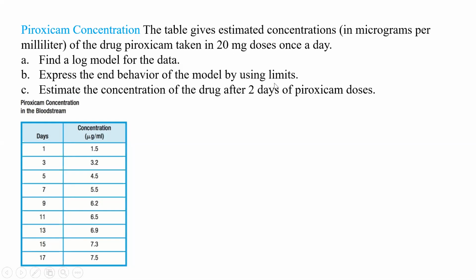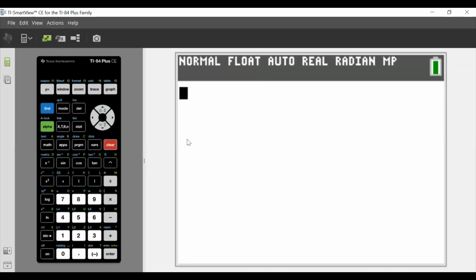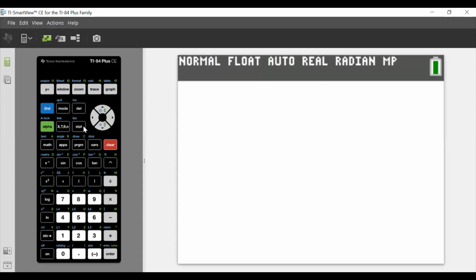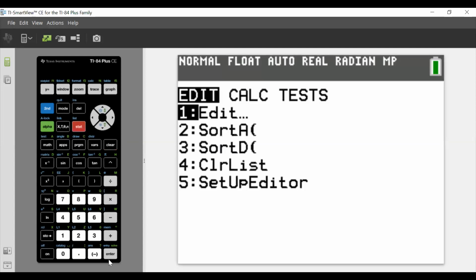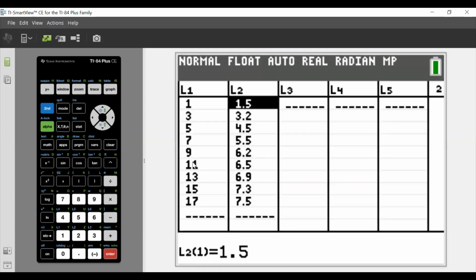So first thing, we need to find the log model. So let's go here. And our log model is going to be in the calculator. And again, I've already typed in the data, so we don't have to worry about that. I'll show you we have the data here though. You know, we have 1, 2, 3, 1, 3, 5, 7, and then all the numbers like that.